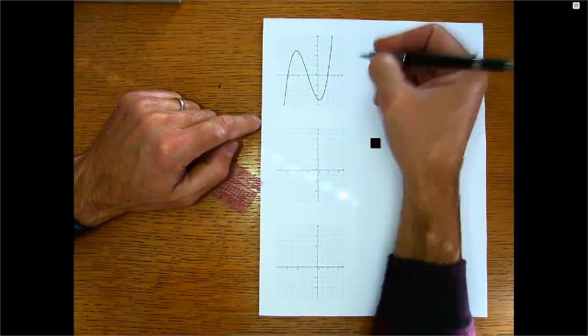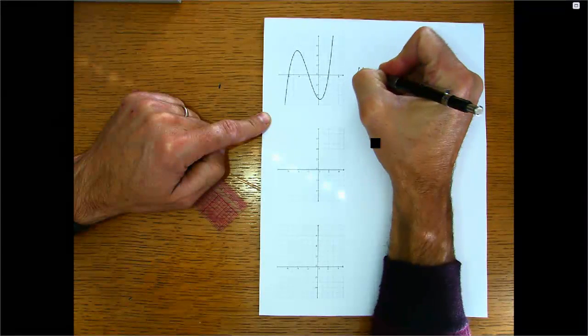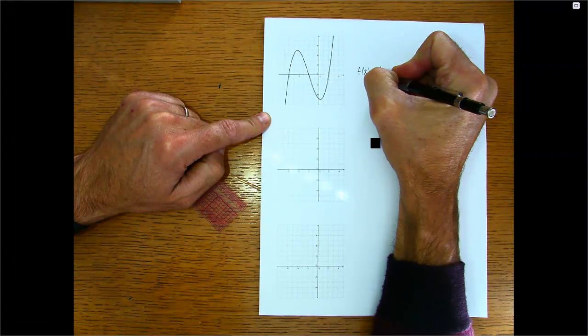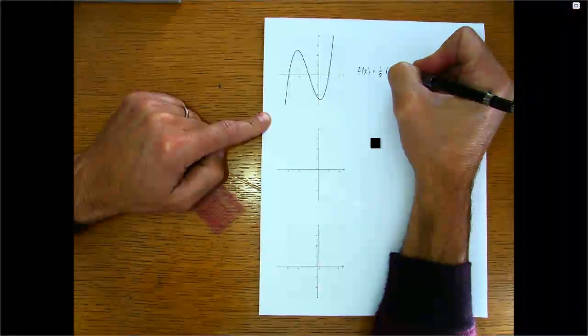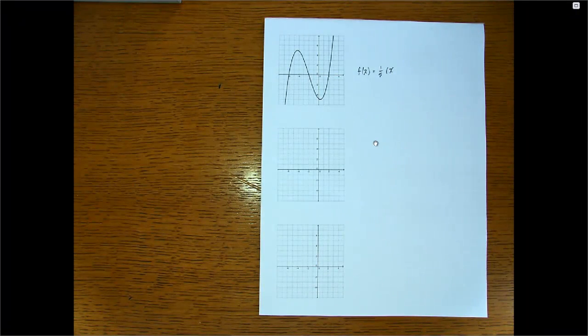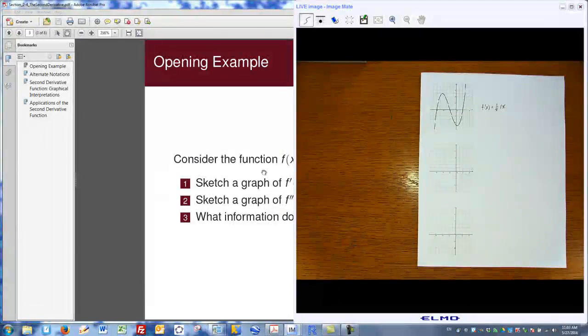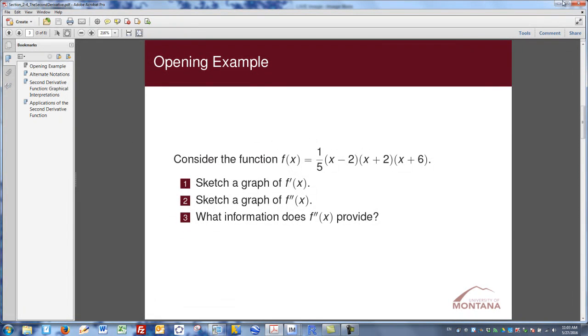So this is the graph of the function f(x) equals 1/5 times (x - 2)(x + 2)(x + 6).